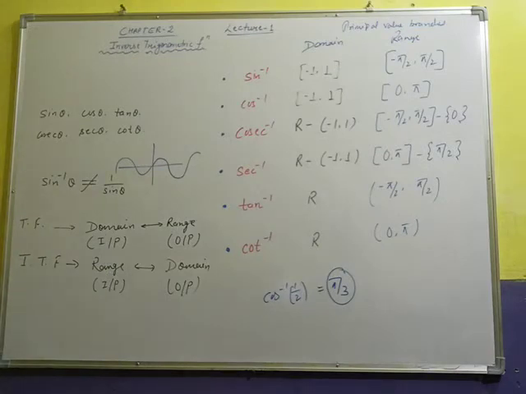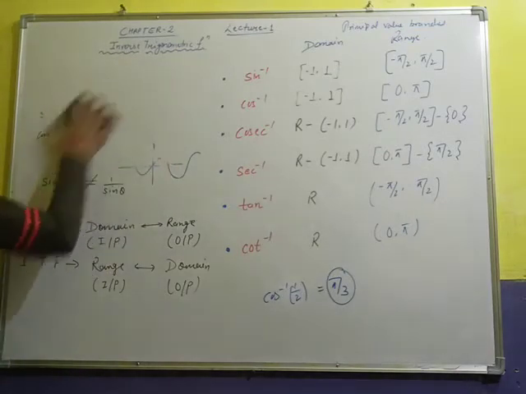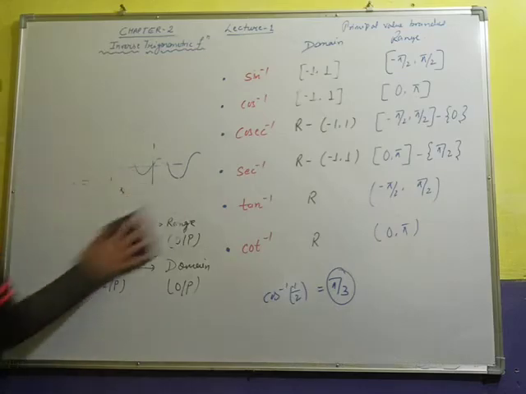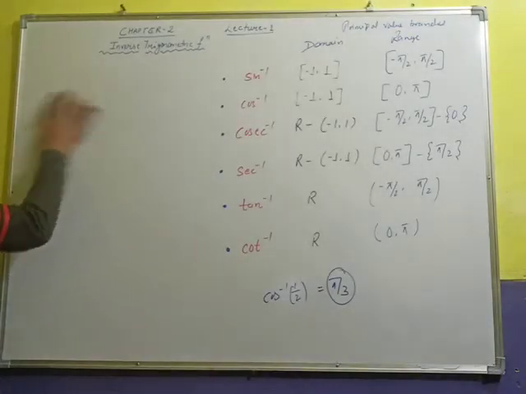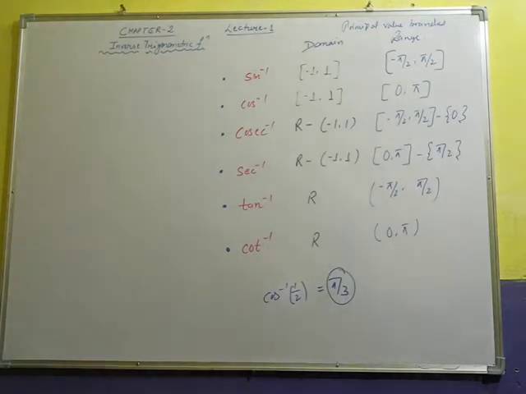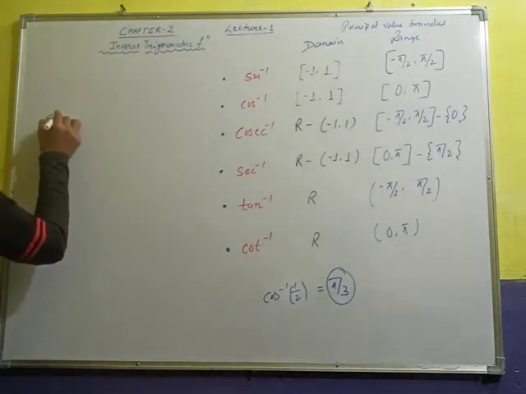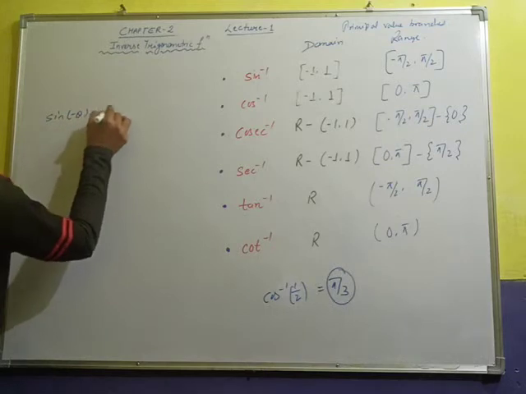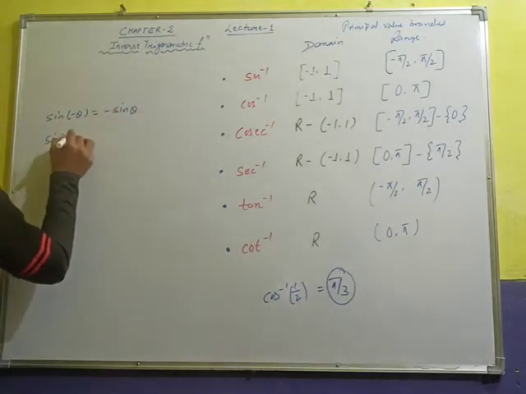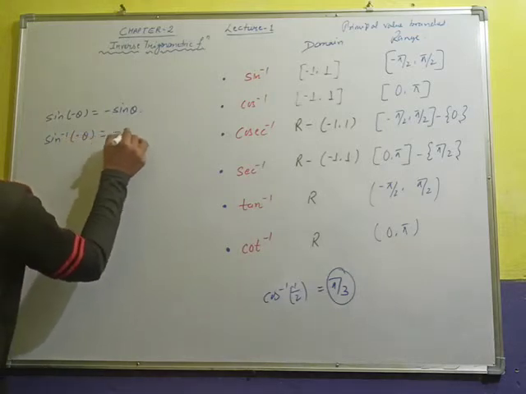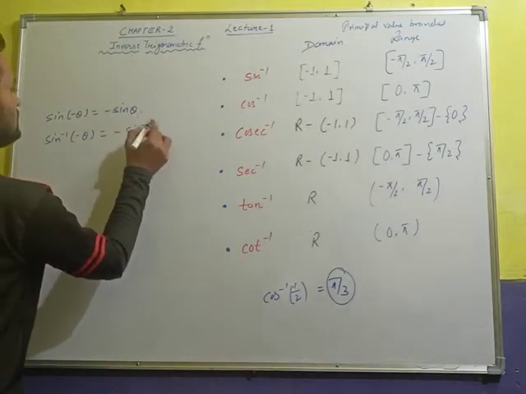Before starting the exercise, we should know some important formulas. As you know, sine of minus theta was minus sine theta. So sine inverse of minus theta will also be minus sine inverse theta.